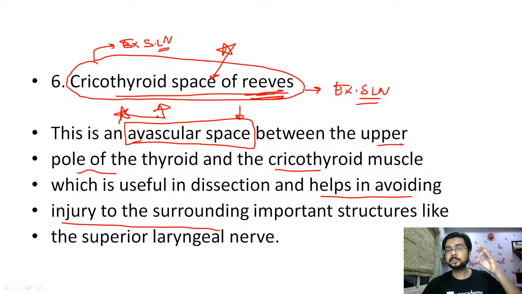So in this short time we have discussed so many important things: Beahrs' triangle, Riddle's triangle, Lore's triangle, Joll's triangle, the cricothyroid space of Reeves, the triangle of concern.